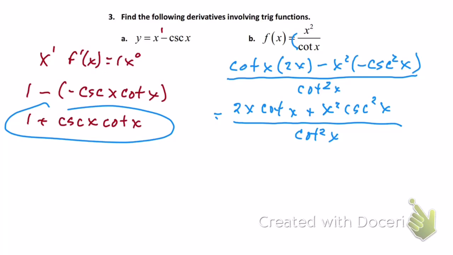Yeah, but it wouldn't because it would be squared. Or I could split the 2x cotangent x apart, put that over cotangent squared x, and I get 2x over cotangent, which would be 2x times tangent x. So you can manipulate these things. Y'all know how to do that. I would just leave it like that. On a test, I'd count that right.